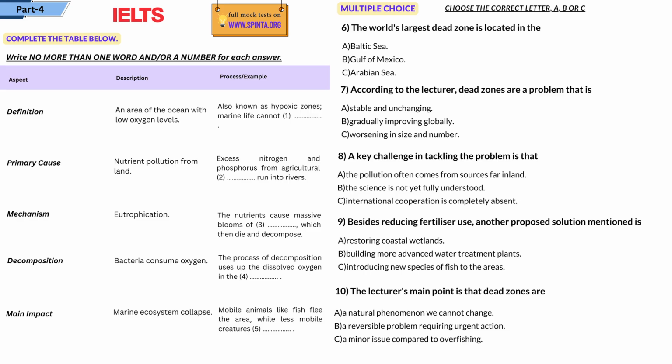So what are the solutions? The most obvious one is to tackle the problem at its source, reducing the amount of fertilizer running off farmland. This can be done through more precise, technology-guided application and by creating buffer zones of natural vegetation along rivers. But other nature-based solutions are also crucial.